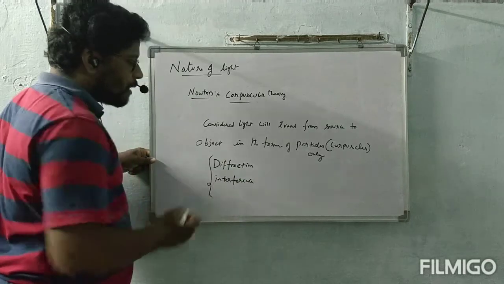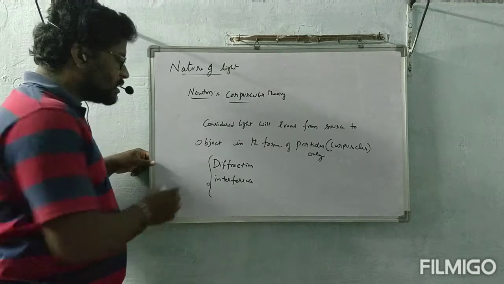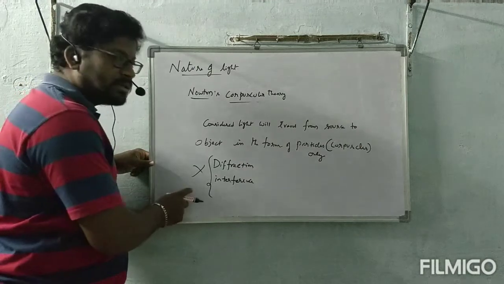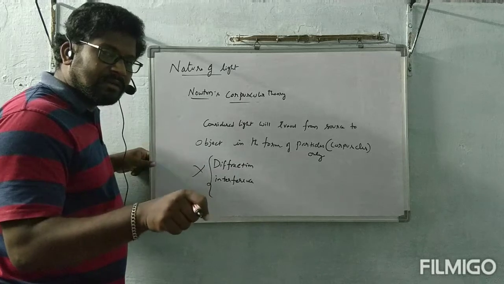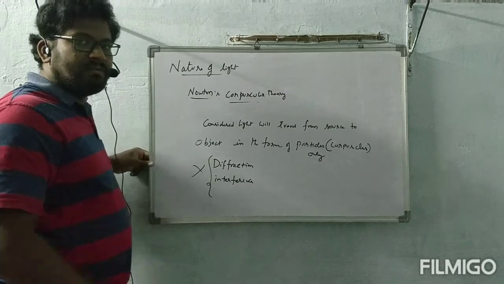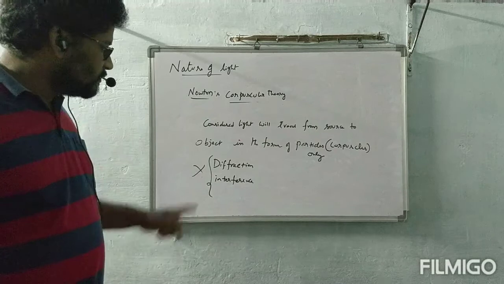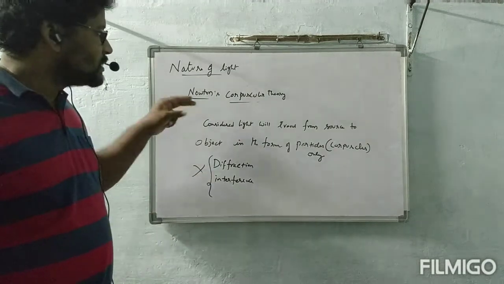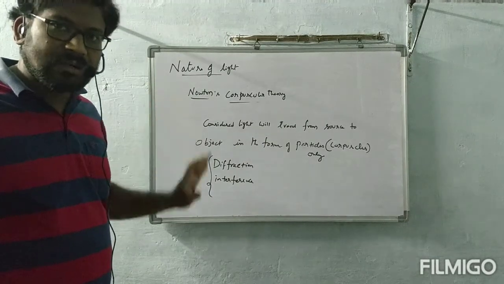These are the properties of light which were not explained by Newton's corpuscular theory, because these can be explained only by considering wave nature of light. Without considering wave nature, we cannot explain diffraction and interference of light. That's why Newton's corpuscular theory was kept aside. It considered light as a particle only.